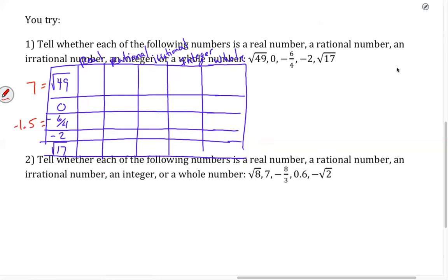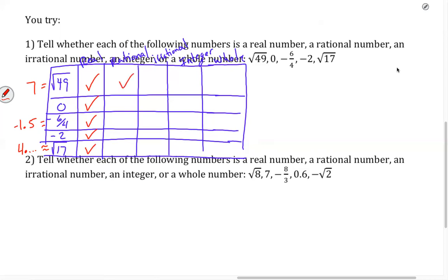Negative 2 is that, and square root of 17 is 4 point something. I don't know what that something is, but I know it doesn't repeat. So let's look at these. Well, these are all real numbers because they're not the square root of a negative number.